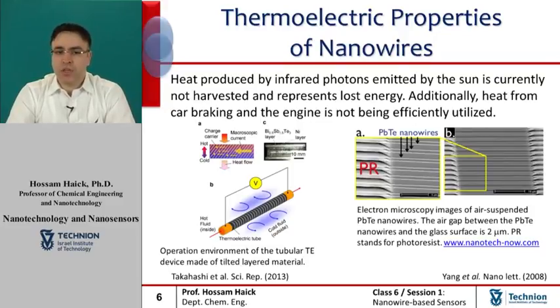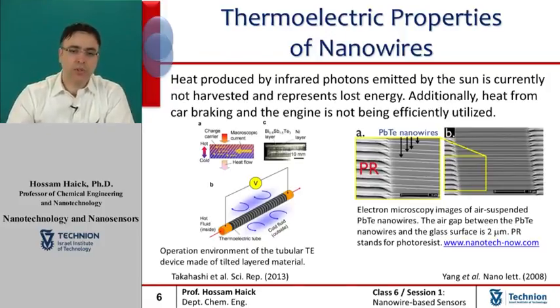Thermoelectric conversion relies on a difference between hot and cold areas in the device. Heat that is flowing from the hot side to the cold side creates current, which can be captured and used to power the device or stored for subsequent use.